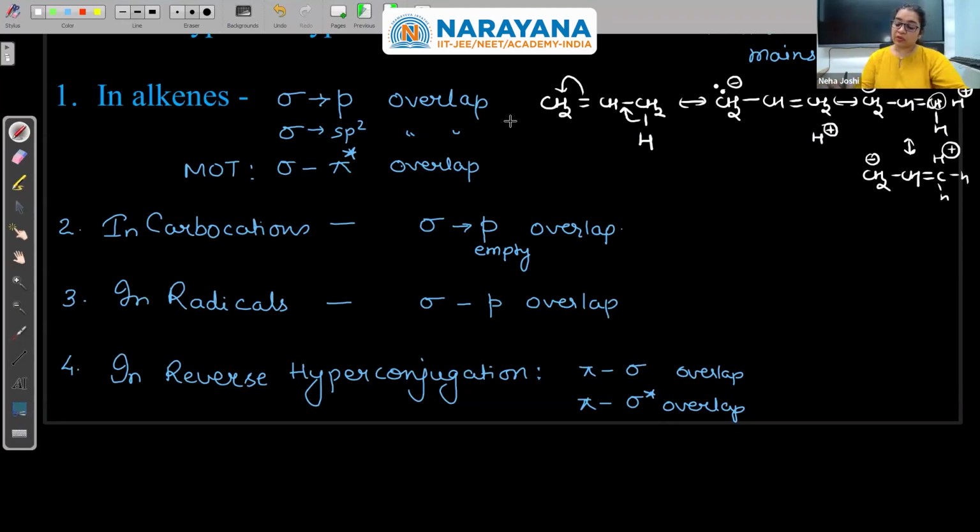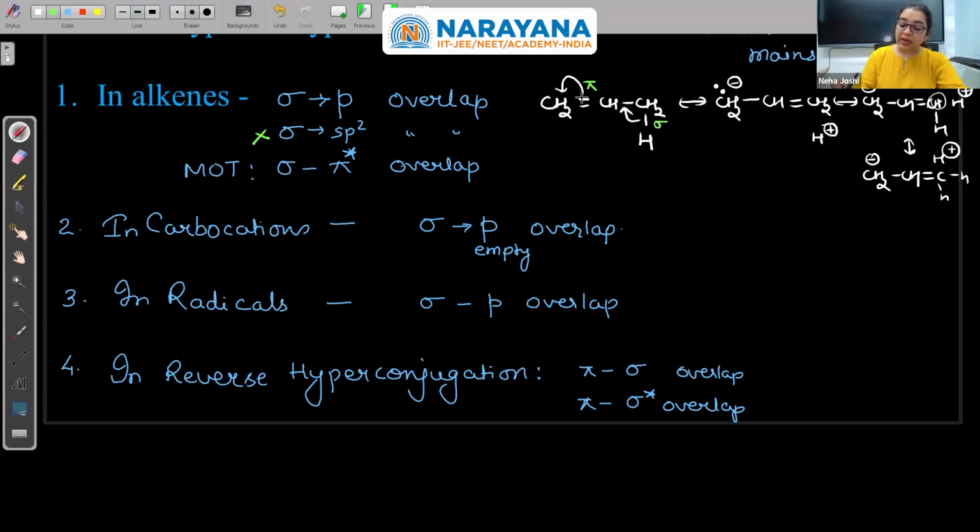So in this type of resonance, what is happening? Here sigma and pi bond are having resonance. Sometimes it is said that sigma and sp2 orbitals are involved, though this is not very appropriate because we are not using sp2 orbitals for overlap.